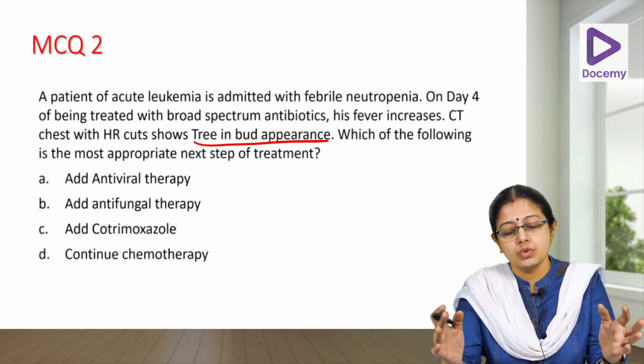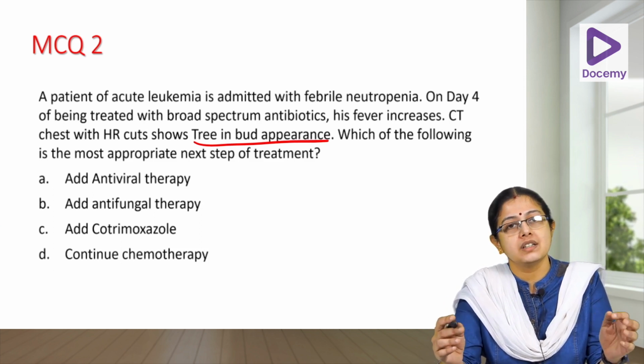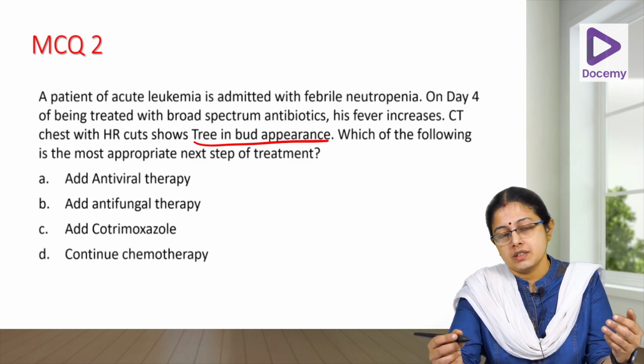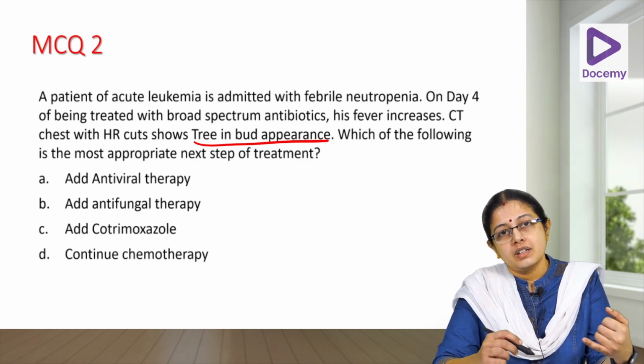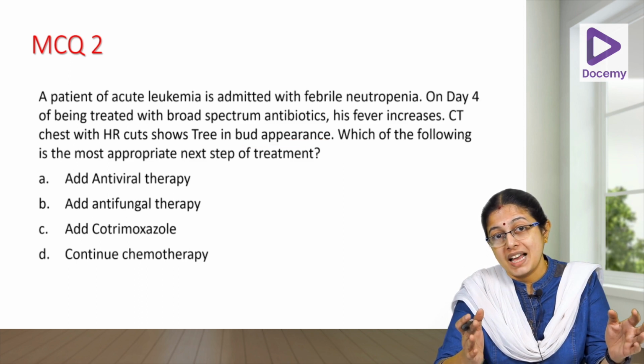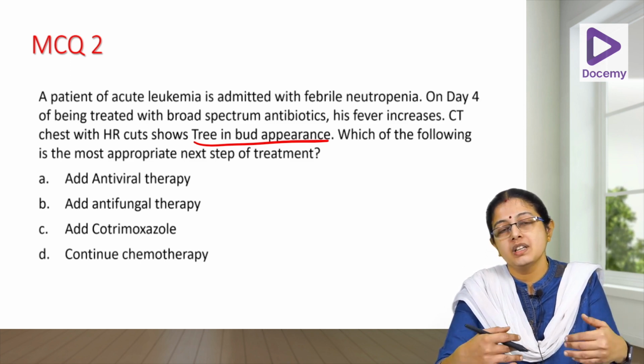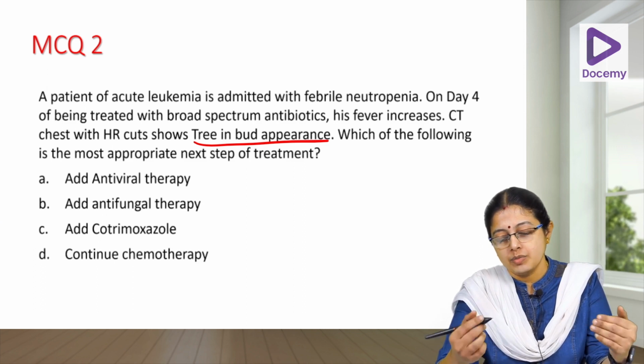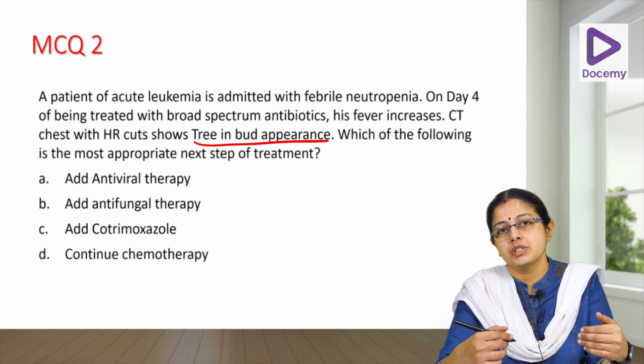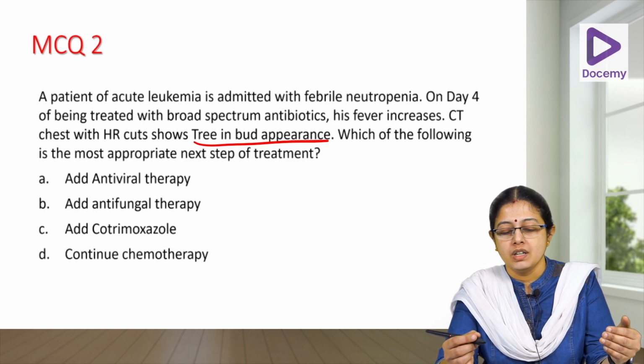Which of the following is the most appropriate step in the treatment? Option A, add antiviral therapy. Option B, add antifungal therapy. Option C, add cotrimoxazole. And option D, continue chemotherapy.